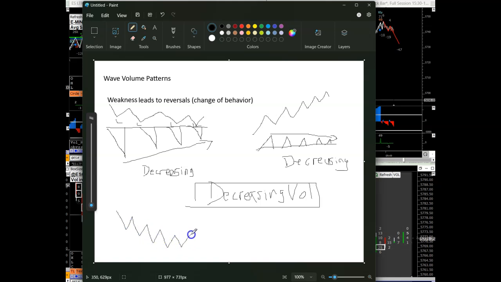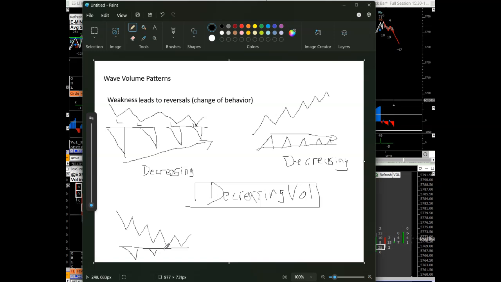So say you have a downtrend like this, and here you have a lot of volume, and here you have a lot of volume, but then it just becomes like this.